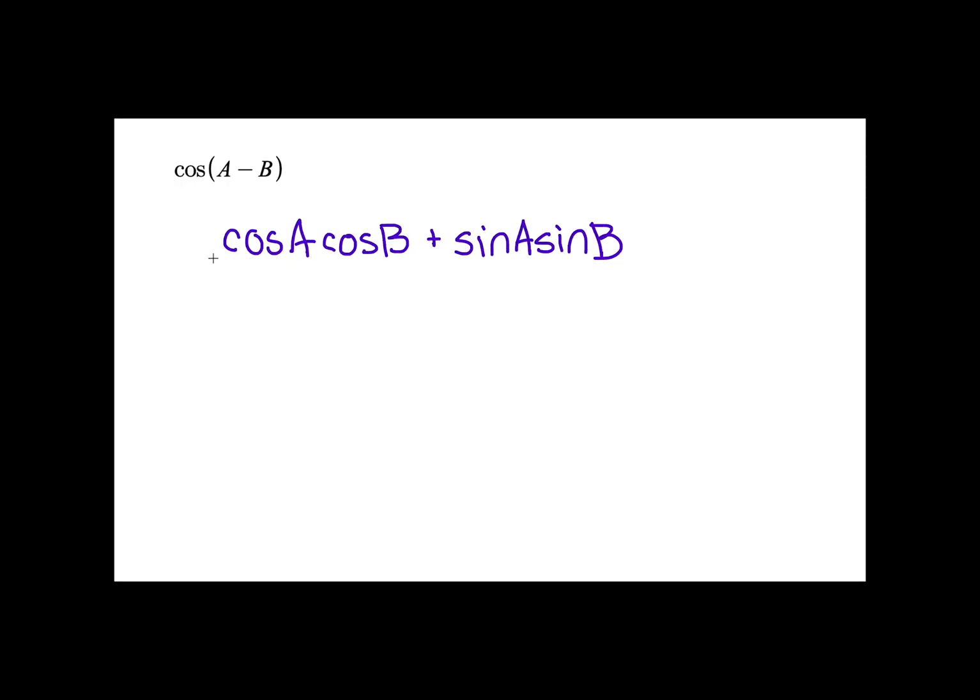So here we're asked to find the cosine of A minus B. With the cosine ratio, it's cosine of both angles multiplied together. Switch the sign in the middle from negative to positive, and then both signs multiplied together. So we'll use our values that we found earlier and substitute them in.